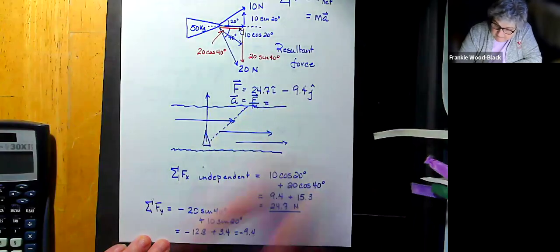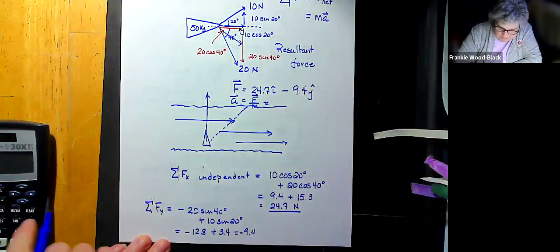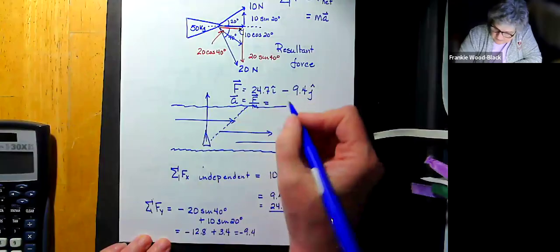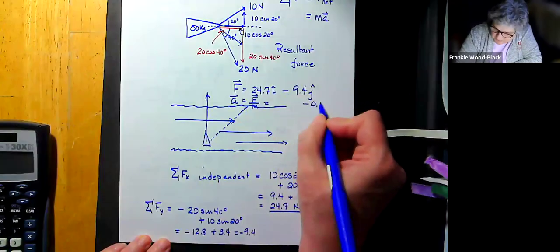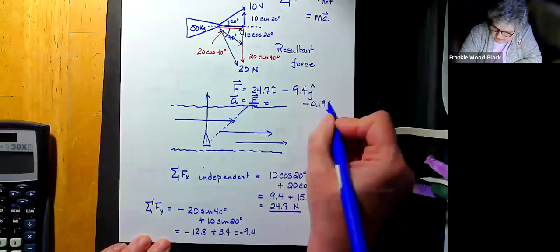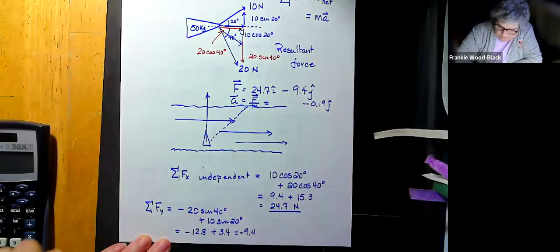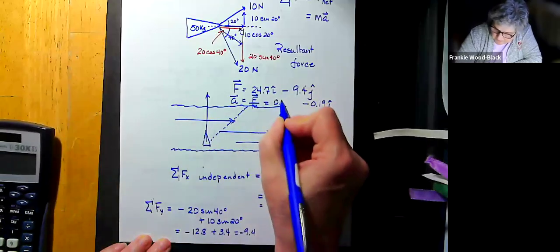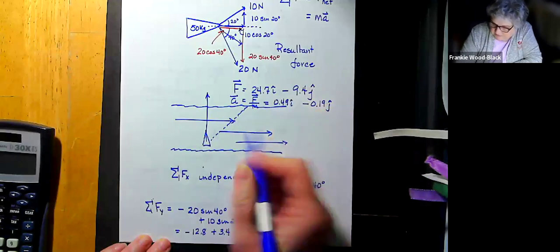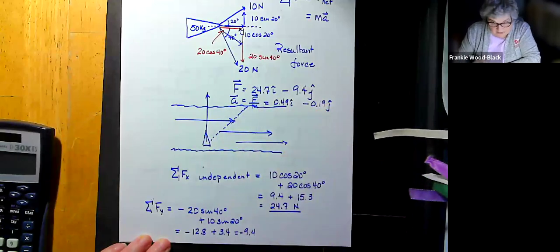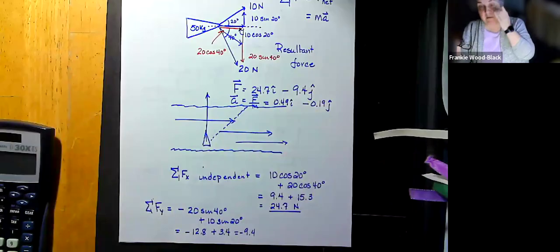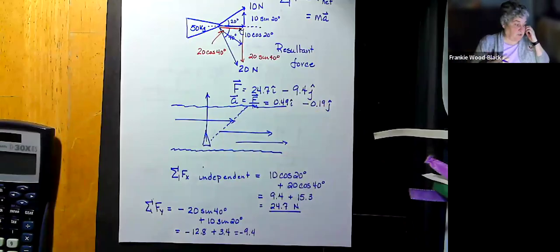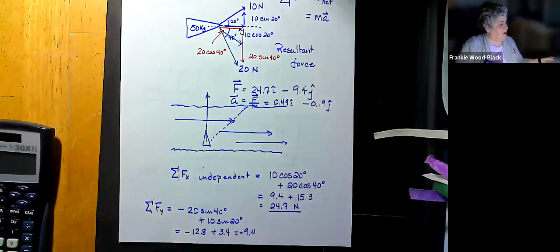If I do 9.4 divided by 50, this gives me a negative 0.19 in the j direction. 24.7 divided by 50 is 0.49 in the i direction, because I can calculate what my acceleration is by looking at my force. So that's one approach to the problem.